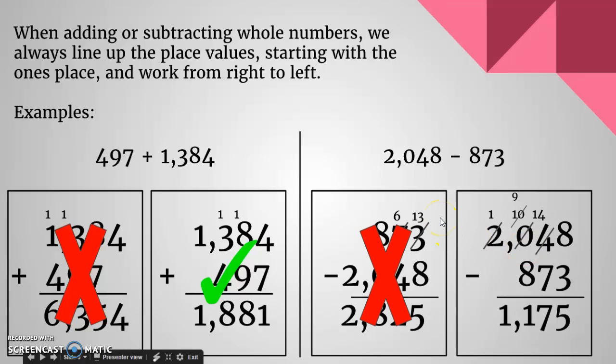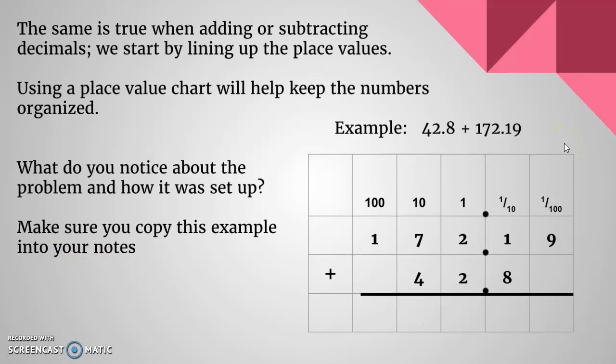This one is not possible. You'd end up with a negative answer if you tried to take 2048 away from 873. However, with this one, you can see they've done all the borrowing correctly. So remember, when you are lining these up, especially with subtraction, the minuend has to go on the top.